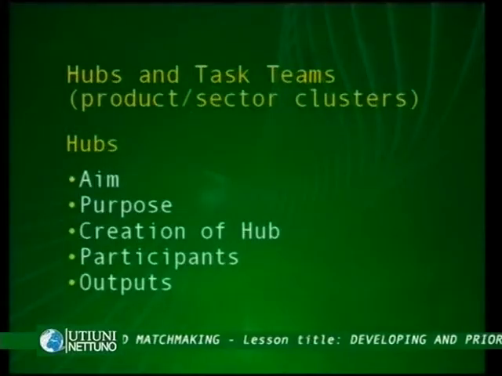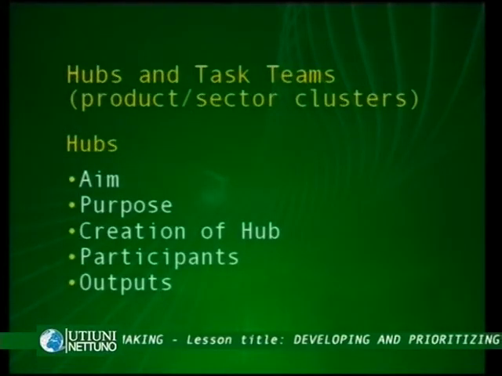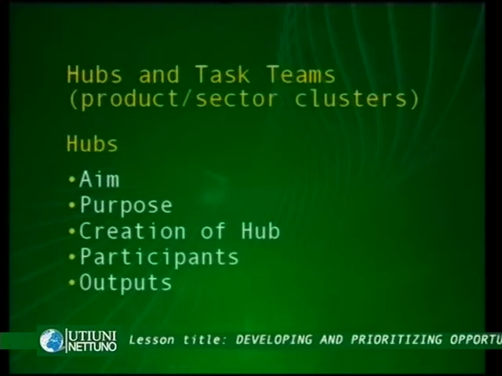Participants, I'll just mention now the participants. The outputs, you are quite clear that, as I mentioned earlier, the outputs is to eventually, on a certain product or a range of products, to get matchmaking and to get the suppliers to talk to buyers so that there is business and that business happens.